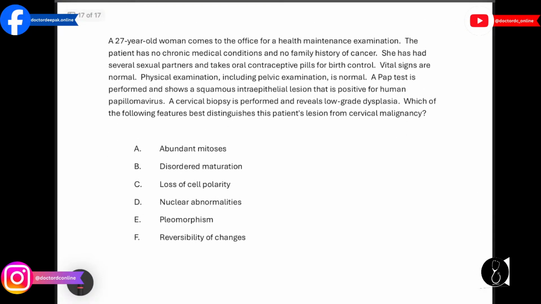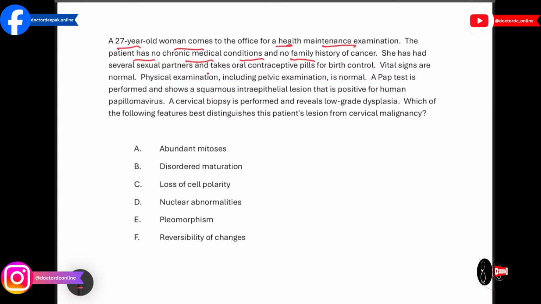Our next question: a 27-year-old woman comes to the office for a healthy maintenance examination. The patient has no chronic medical conditions and no family history of cancers.